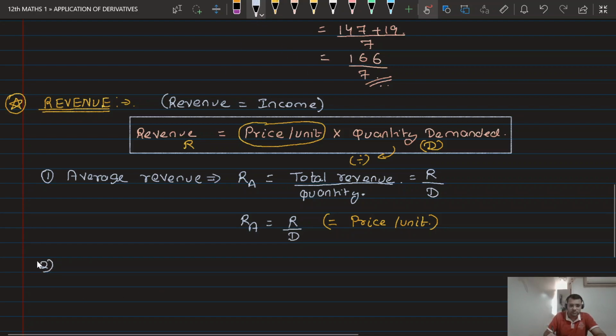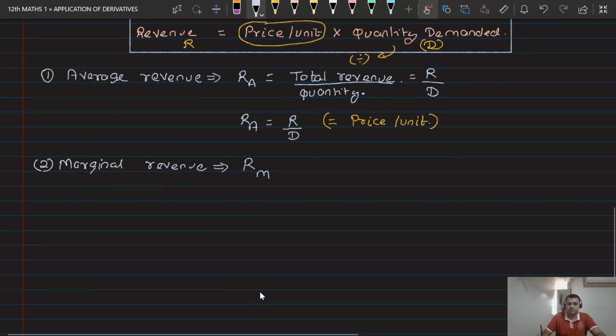Formula number 2, marginal revenue, as usual RM, and as we discussed in the previous case, whenever the word marginal comes, we have to find out the rate of change. Rate of change is just obtained with the help of the derivative of that function.